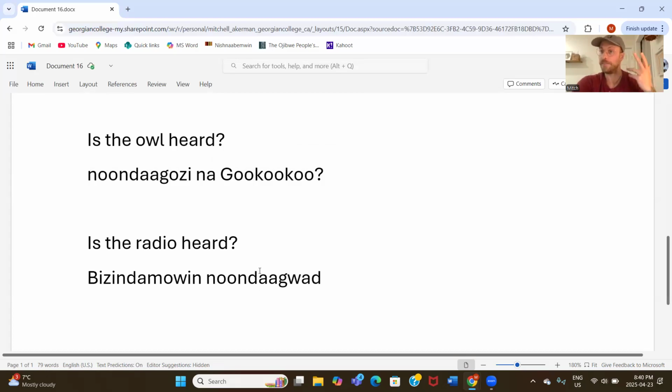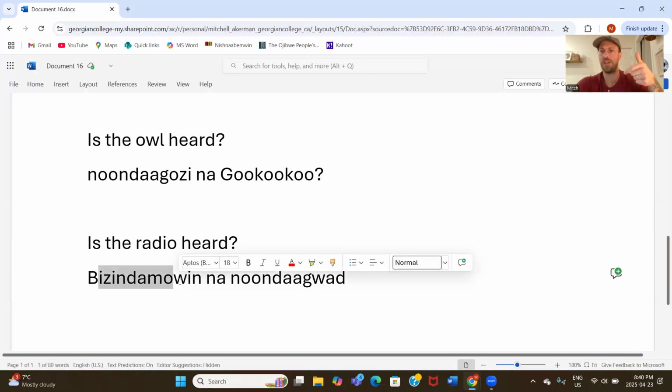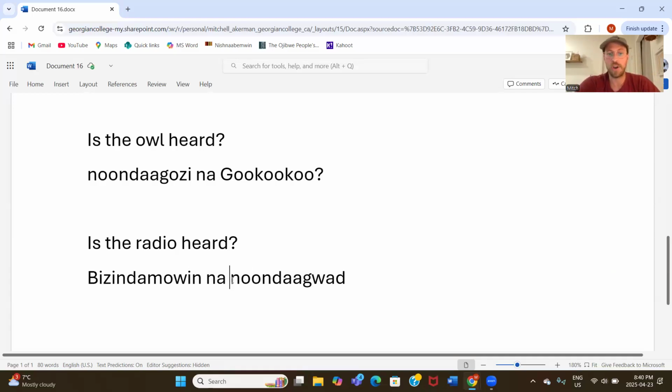The radio is heard. Now, if I want to make it a question, you could just put the question word second, but then think about it. What do we want to know here? Do I want to know, is it a radio or not? Or do I want to know, is the radio heard or not? In this case, definitely, I want to know if it's heard or not.